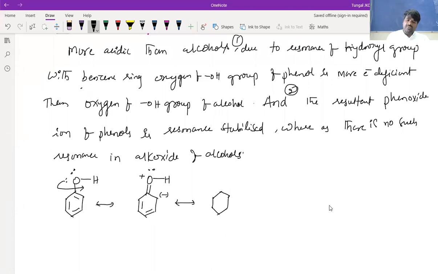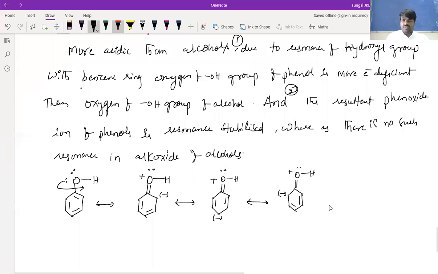But how will it have different resonating structures? I'll tell you how it comes. It will form different resonating structures in this manner. See how it is formed.